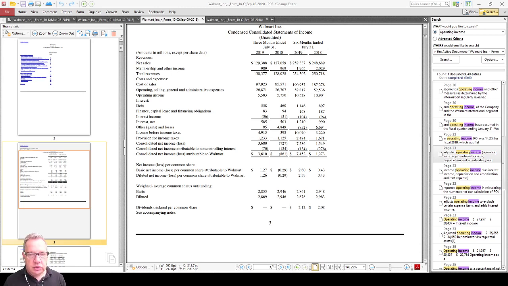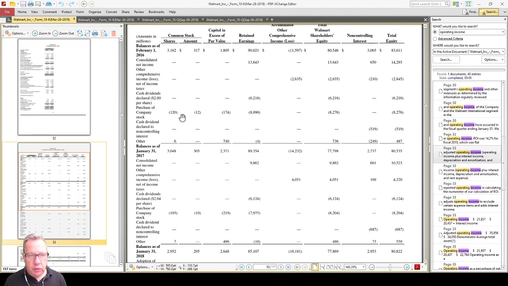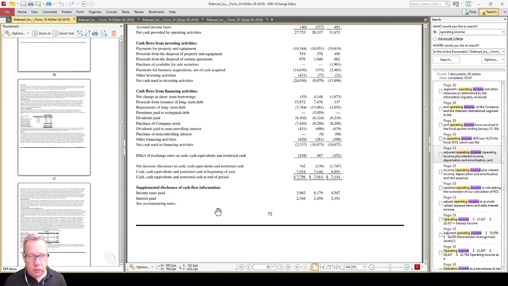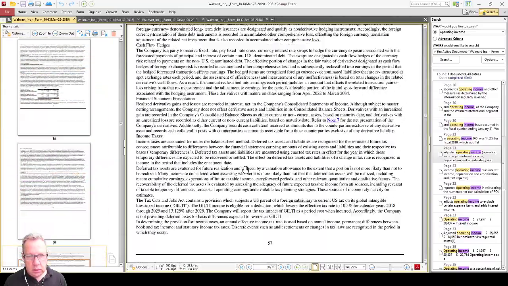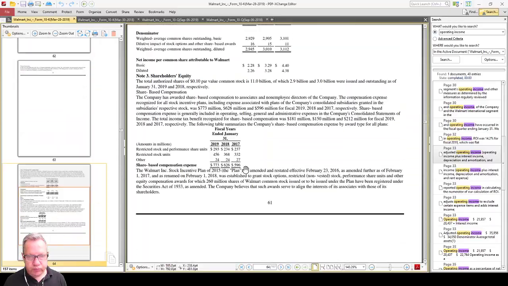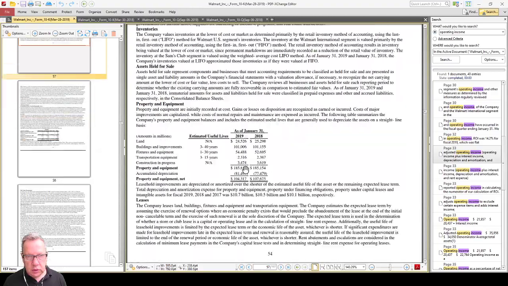So we've got these two numbers here, and now we're going to go over to the 10K, and we're going to go forward, I think. Yes. Cash flows. Where is that income statement?